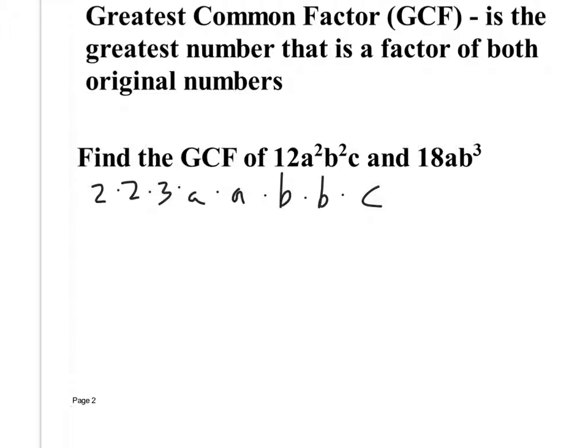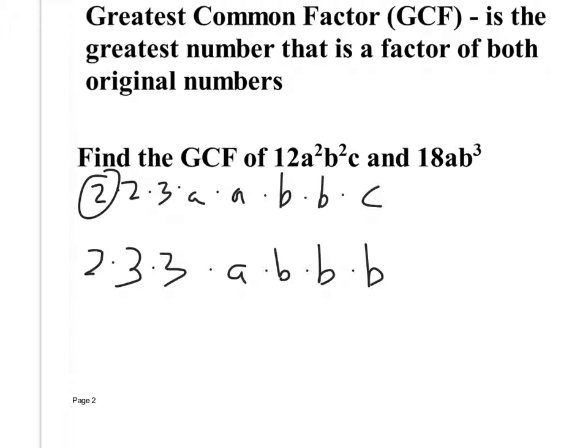And then 18, you could break that into 9 and 2, which 9 would break down into 3 and 3. So 2 and 3 and 3. And it's got 1 a and 3 b's. Then what you do is you look for every number that occurs in both sets.